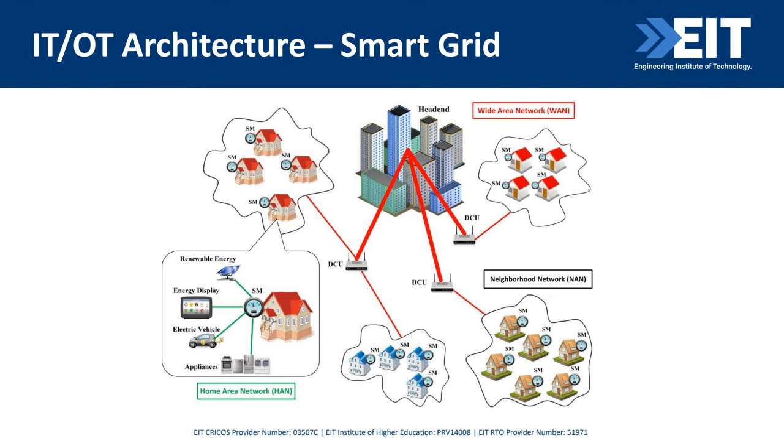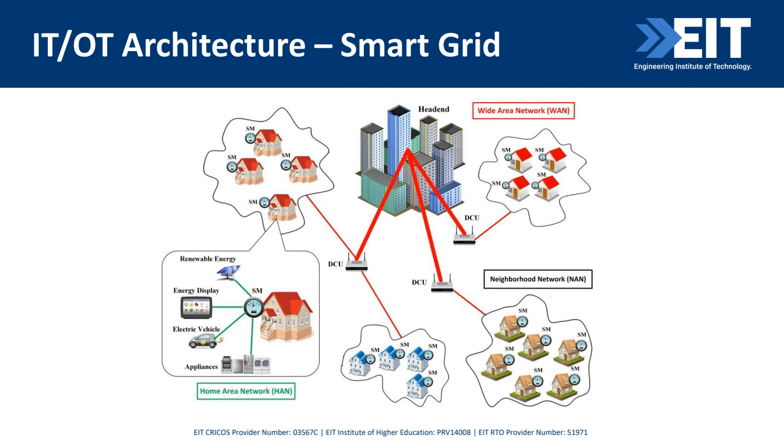Another example of an architecture here is a smart electricity grid. This is not the transmission end. This is rather the neighborhood area network and the home area network. So this is a household with a smart electricity meter, solar panels and the likes, and all these devices connected to it.